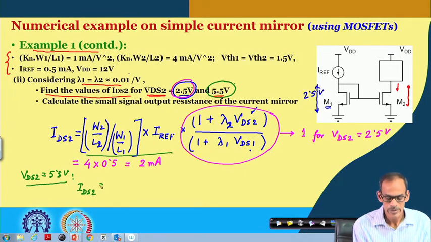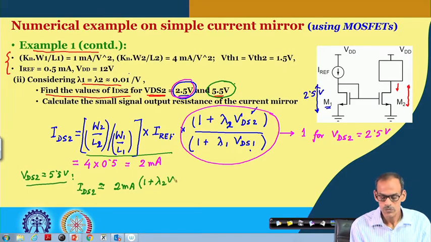So, we can directly write that part, which is 2 milliampere multiplied by this non-ideality factor, 1 plus lambda 2 VDS 2 divided by 1 plus lambda 1 VDS 1.